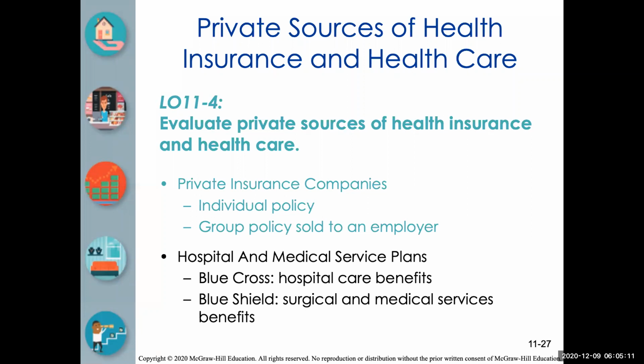And what does Blue Cross versus Blue Shield cover? Well, they're actually two different things. The Blue Cross component is the entity that provides the benefits for hospital care. The Blue Shield component is the entity that provides the benefits for the surgical and medical services.